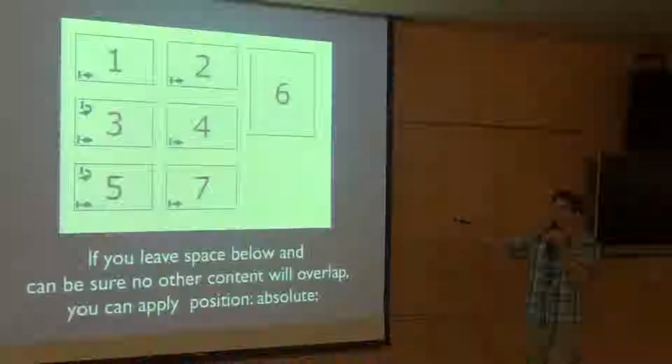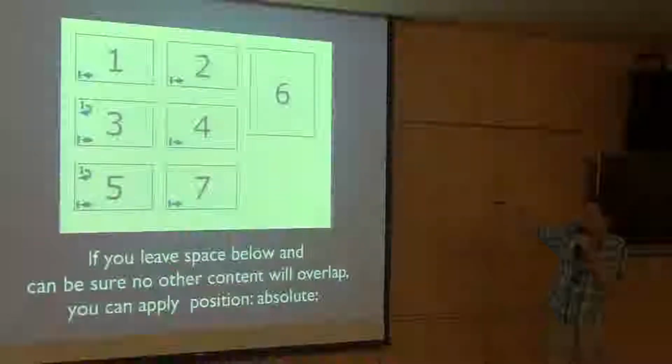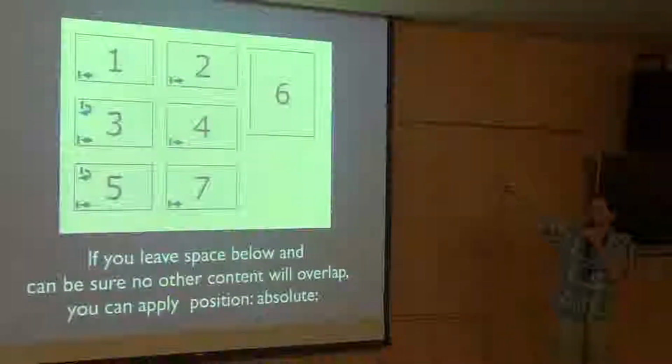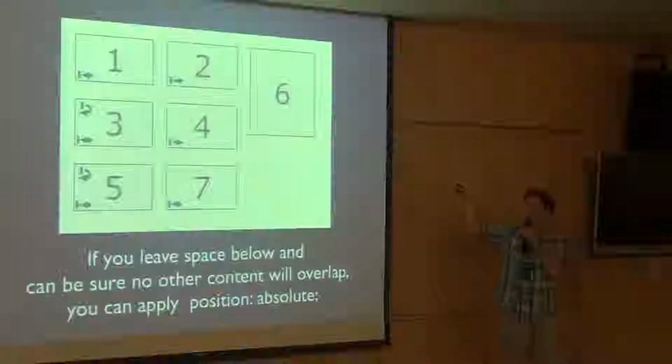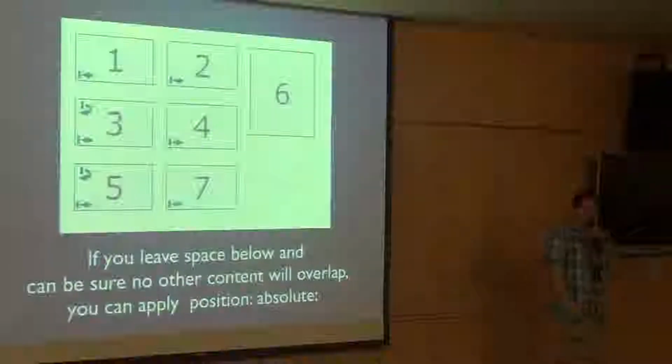So it'd be very possible to accidentally overlap something. So you need to just leave space for it, because you can't tell how tall this is. Make sure you have adequate space below that item, so that it doesn't overlap things.